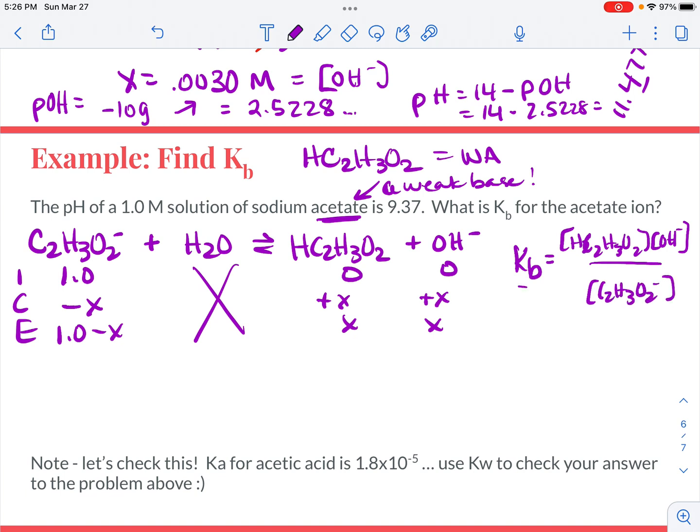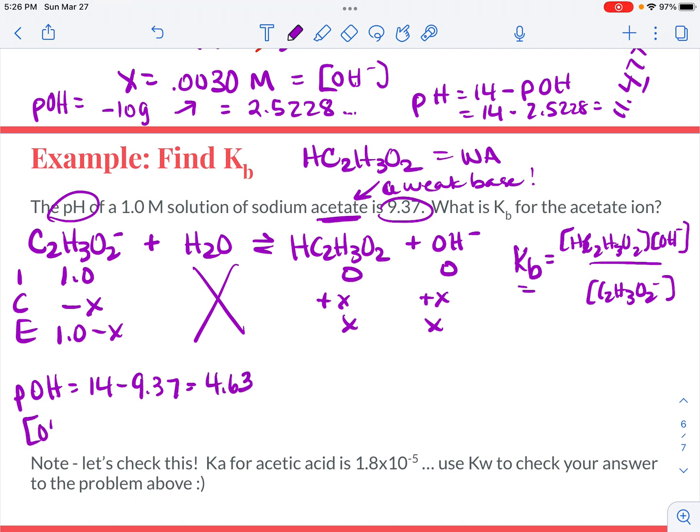And I'm solving for Kb, so that means I have to know x. So in this case, they gave me the pH, right? So I'm going to say pOH equals 14 minus 9.37, which is 4.63.